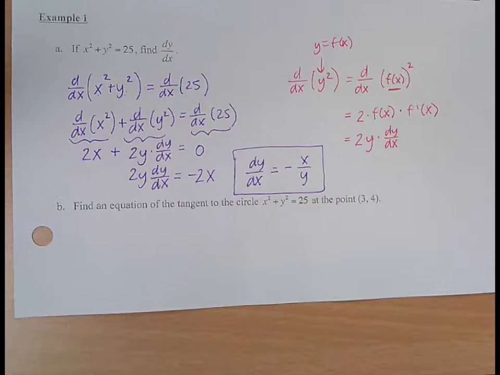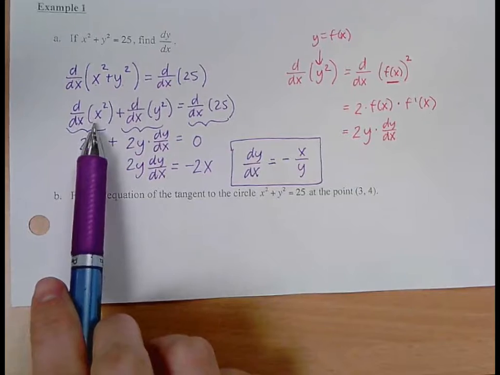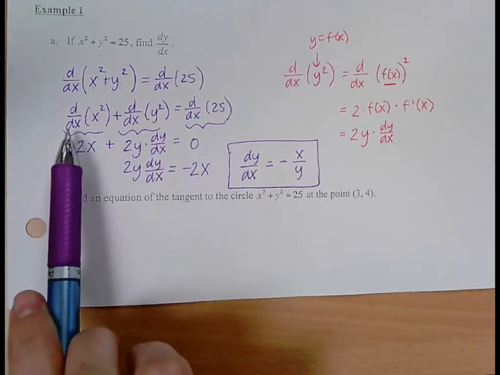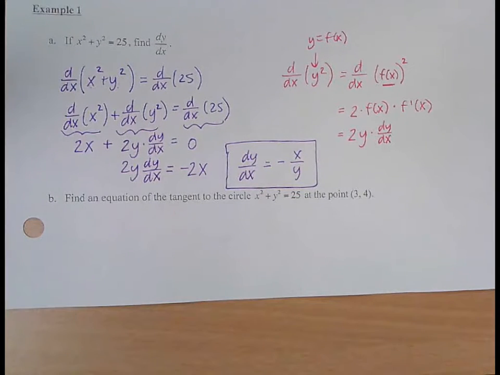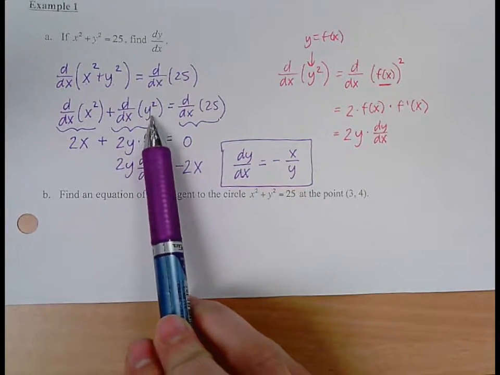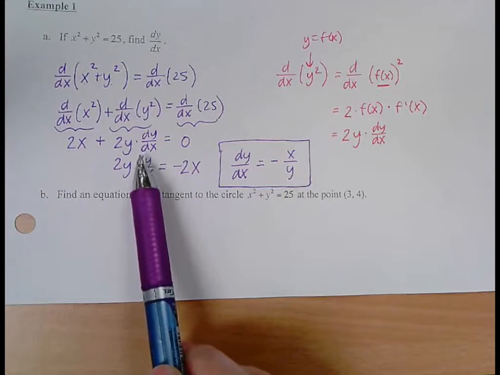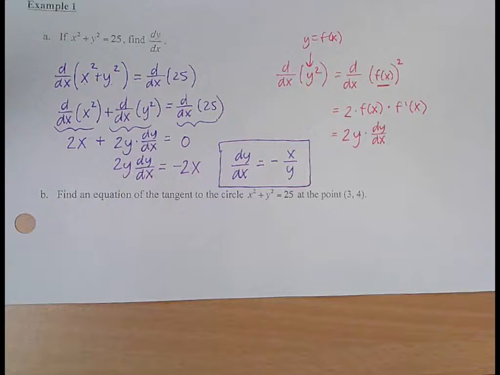Okay, Connor? So x squared and y squared are very similar, because x is already in terms of x. Like you're taking the derivative with respect to x. So when I have a term that is x, I just take the derivative as normal. But y is a different variable, and that's why it's the chain rule. Y is a function of x, so you have to multiply by the derivative of y.